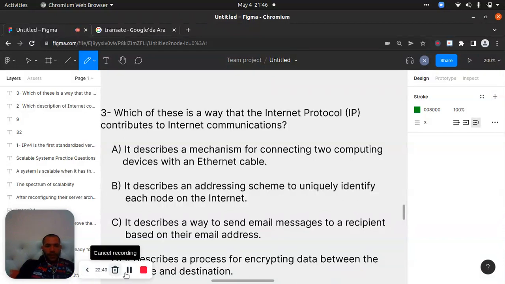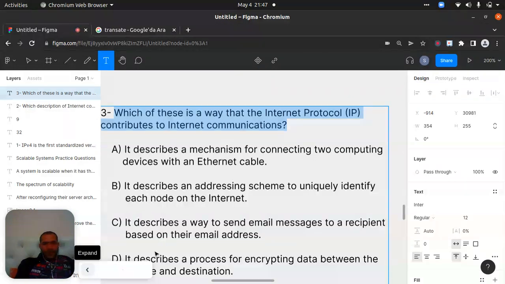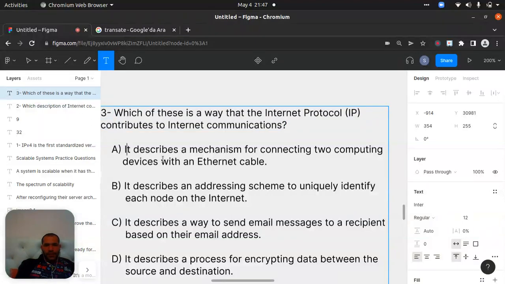Just think about it. Which one is the answer? Do you have any idea? This one is not true. It's not about that. This one, it describes a way to send email. No, it's not. It describes a process for encrypting data. Do you think it can be?